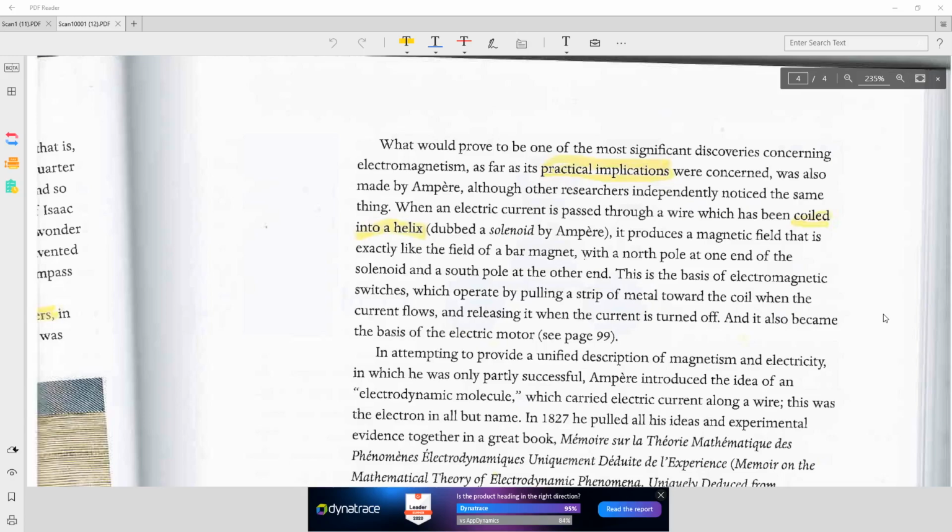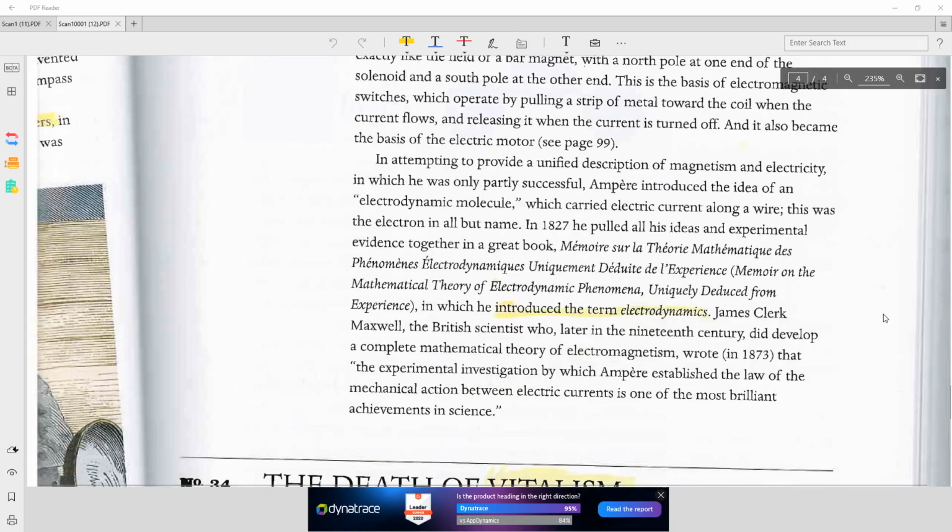This is the basis of electromagnetic switches, which operate by pulling a strip of metal towards the coil when the current flows and releasing it when the current is turned off. And it also became the basis of the electric motor.